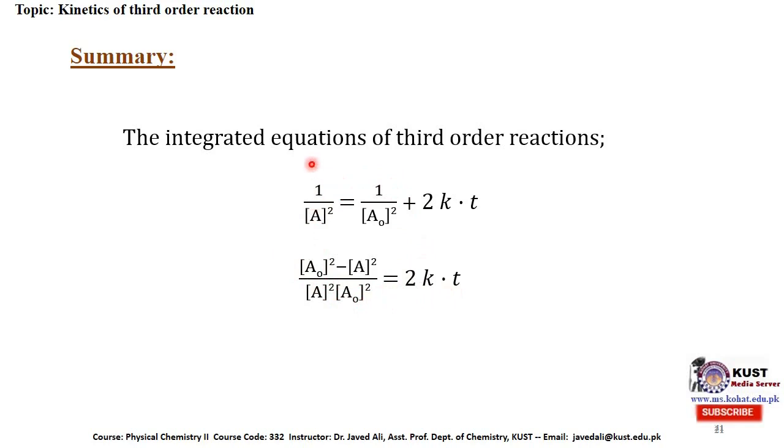We can plot 1 over a square versus t. We will get a straight line equation with constant slope 2k and intercept 1 divided by a naught square. Similarly, we can plot (a naught square minus a square) divided by (a square into a naught square) versus t, and we will get a straight line equation with slope 2k and 0 intercept.